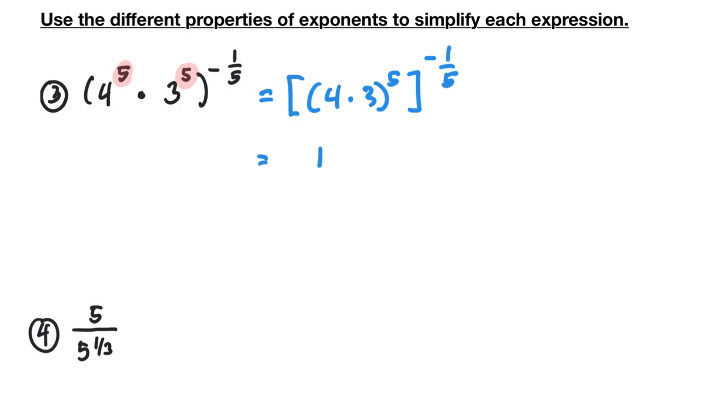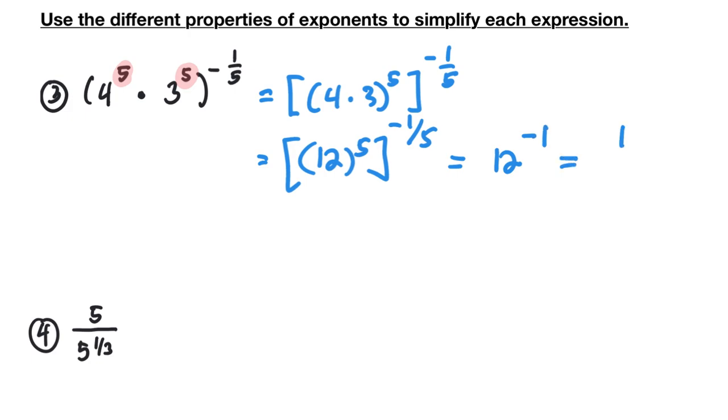So that's going to give you 12 raised to 5, and then we're going to raise it again to negative 1 over 5. 5 times negative 1 over 5 is the same as negative 1. To simplify it further, that's going to give you 1 all over 12.